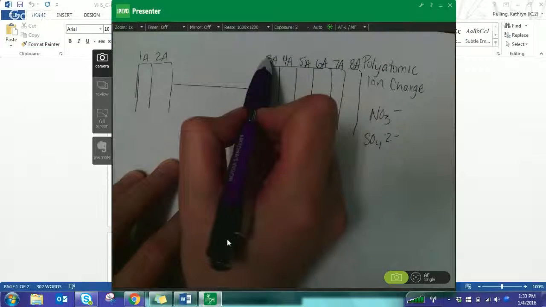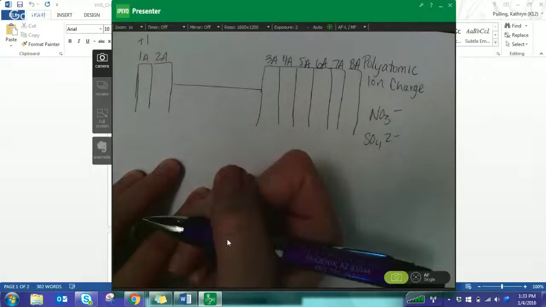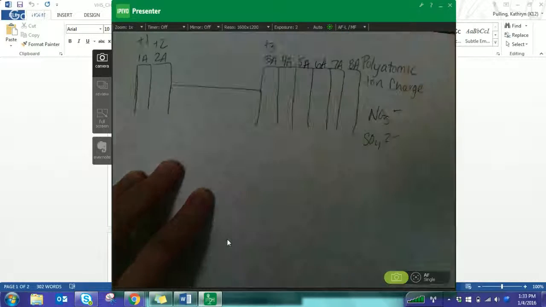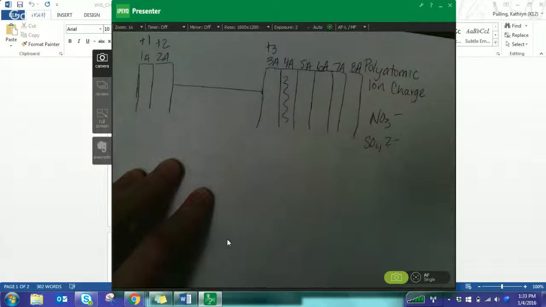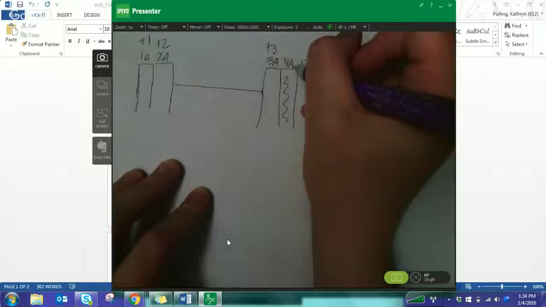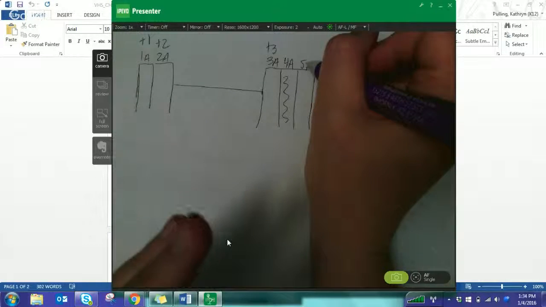1A, 2A, and 3A all give up their electrons. So this one gives up 1 electron, making a +1, +2, +3 ion. At 4A, you're never going to see anything because those can go either way, so usually they do covalent bonding. But at 5A, instead of giving up 5 electrons, we're going to pick up 3 because we have 5 and need 3 more to get to 8.